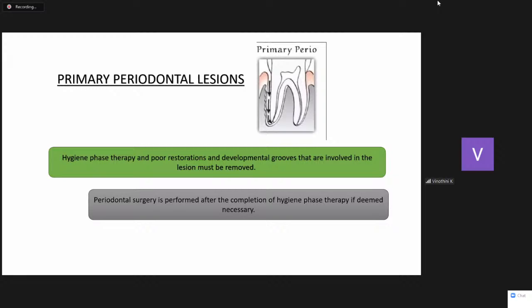Coming to primary periodontal lesion, first we do hygiene phase therapy, and poor restorations on developmental grooves are removed, and periodontal surgery is performed after completion of the hygiene phase. Whatever perio treatment we are going to do will be done separately in the primary periodontal lesion. And in primary endodontic lesion, we do all the endodontic treatment.